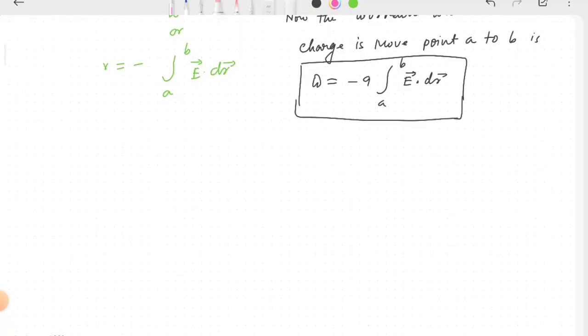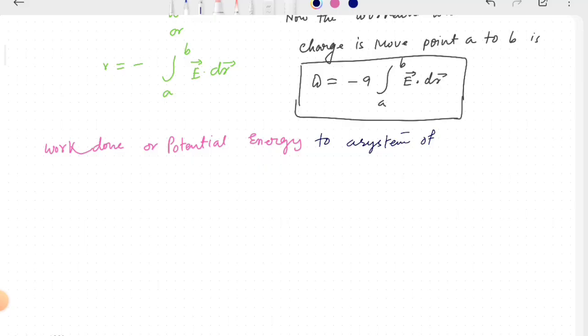So let us take a heading: calculate the work done or potential energy of a system of charges.